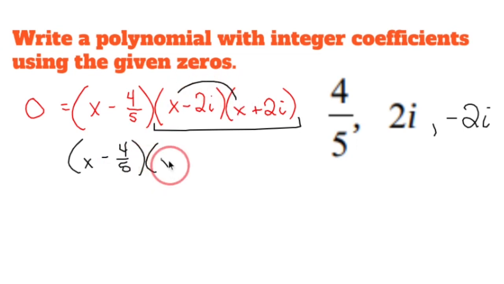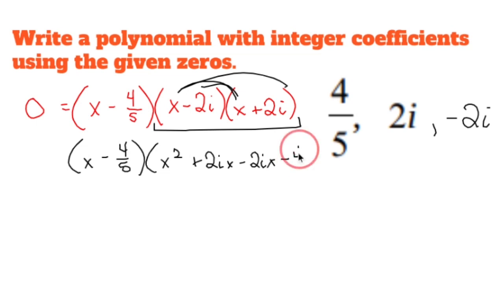X times x is x squared. X times 2i is 2ix. Negative 2i times x is negative 2ix. Negative 2i times positive 2i is going to be negative 4i squared.